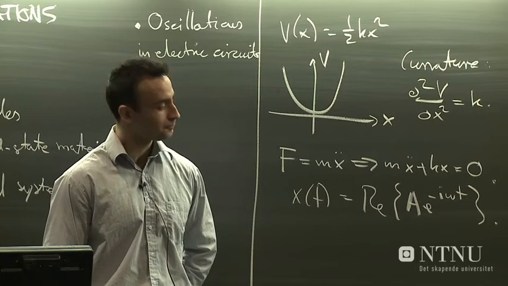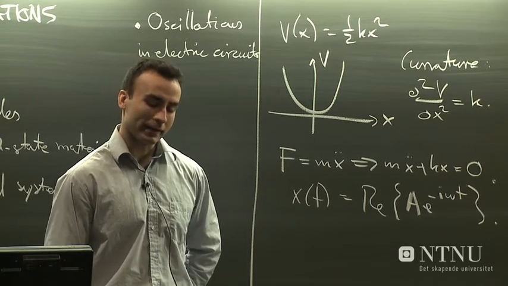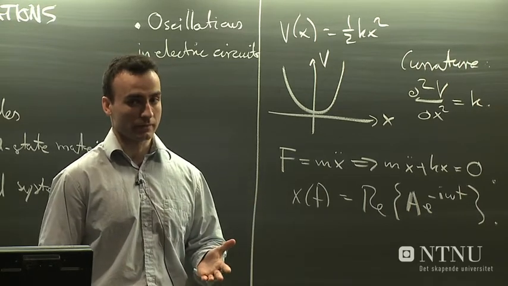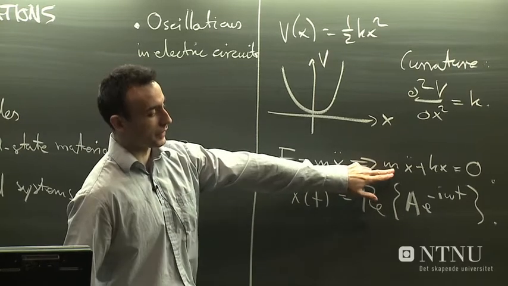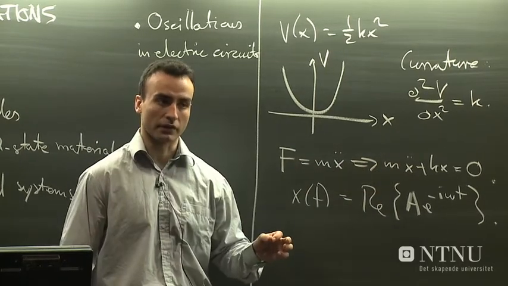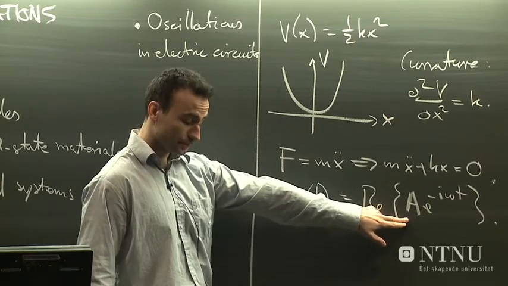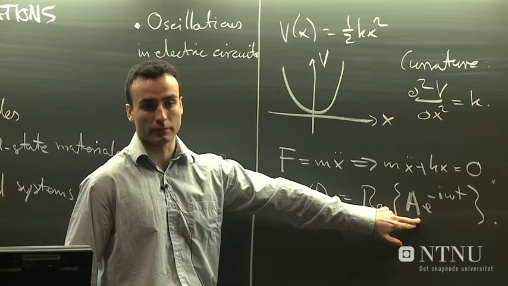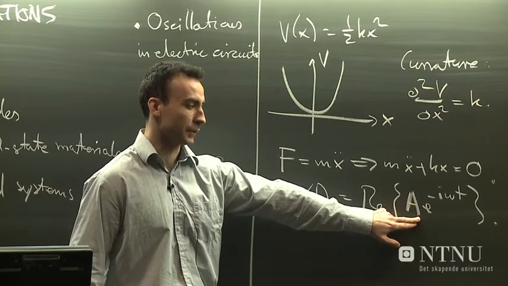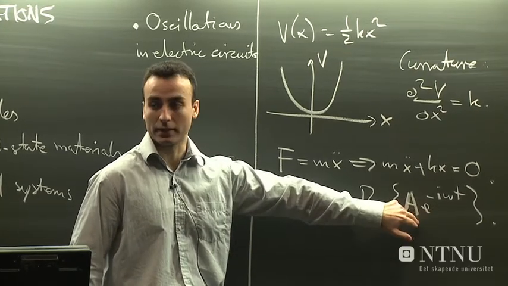Yes? Well, in fact, you can also have a sine solution. So the general solution to this equation is a superposition of cosine and sine terms. So if A is a real constant, we only get the cosine. But if it's a complex constant, we get both the cosine and the sine.